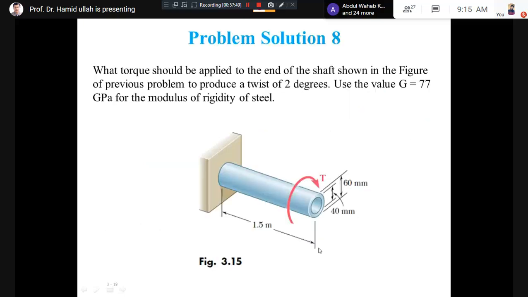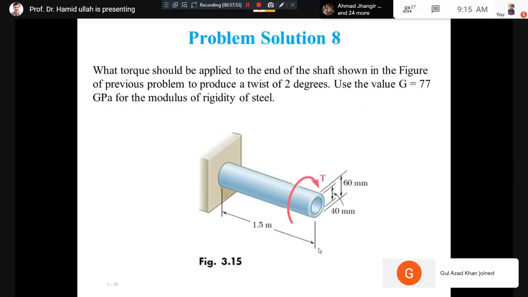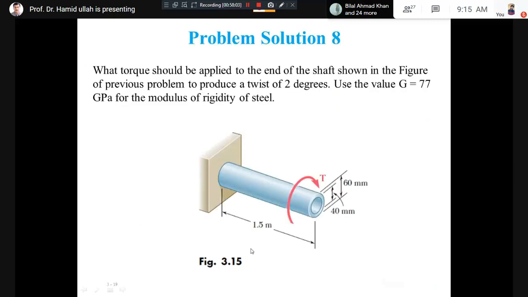Same problem, same shaft, nothing changed. For sure, same topic, same formula, whether shear stress or angle of twist, but with a little change in the data. The torque should be applied to the end of the shaft from the previous problem to produce an angle of twist of 2 degrees.